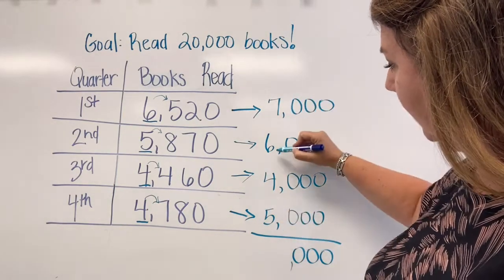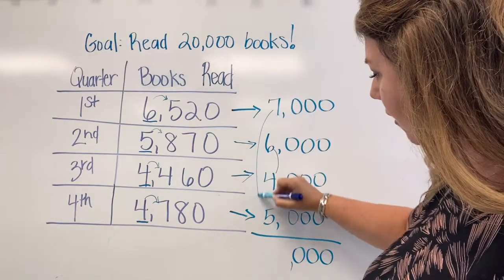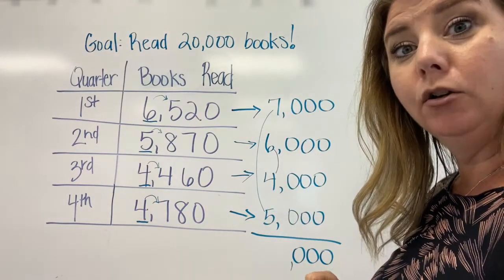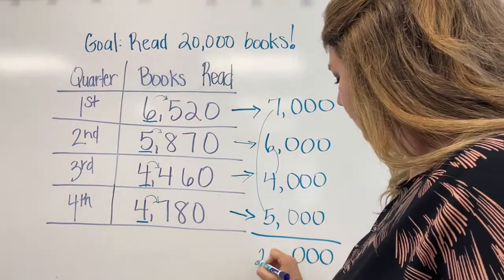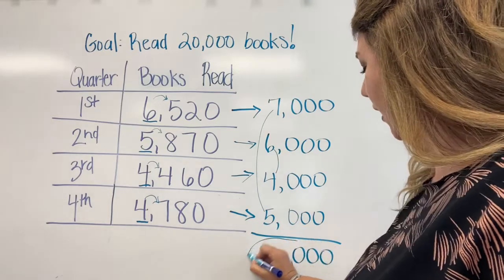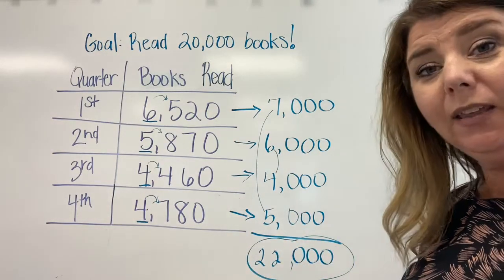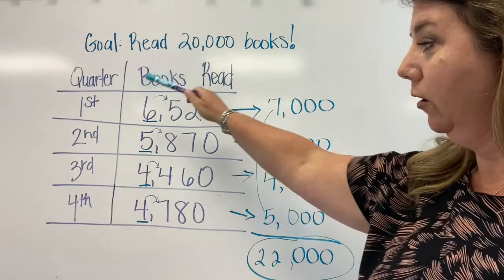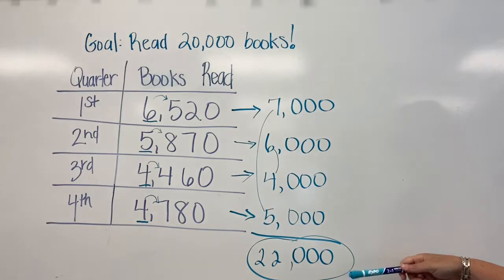Well, I know that 6 and 4 is 10, and 7 and 5 is 12. 12 plus 10 is 22. Nice job. Okay, we've estimated that in the 4 quarters, or the whole year, the kids in the school read around 22,000 books.